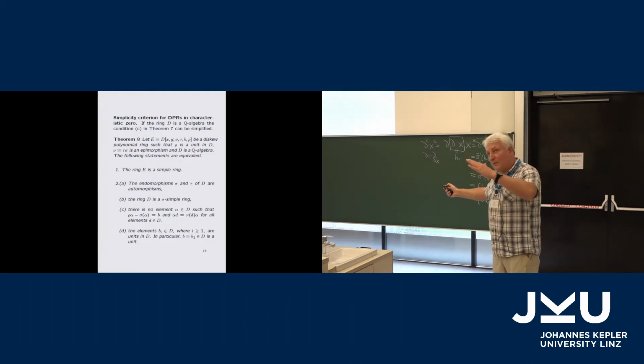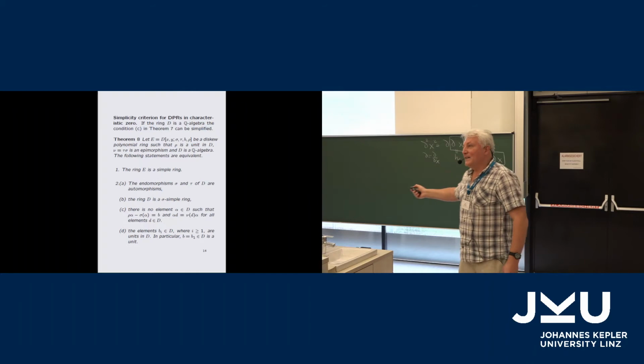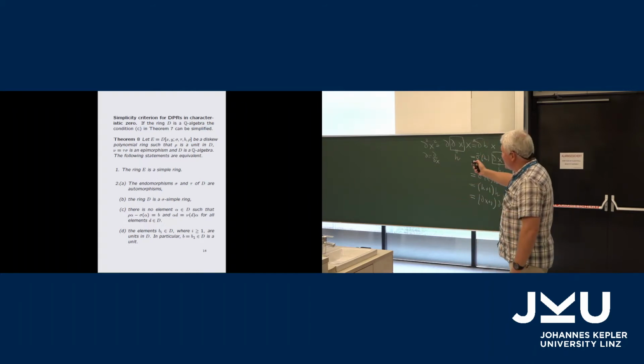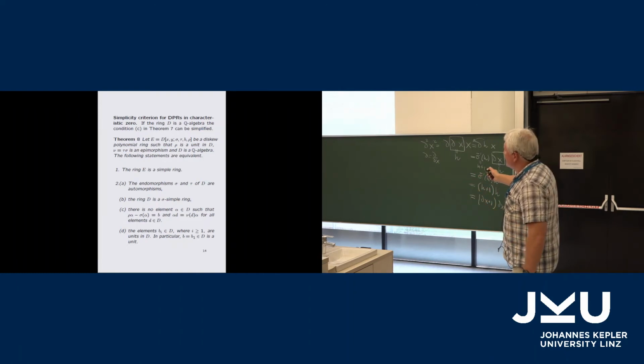So when we apply this theorem for Q algebras, this will be the last slide. It's simply a specialization for Q algebras. Of course, if you're interested in simple rings, they must be either Q algebras or algebras over a finite field FP. Okay, so the ring is simple if these are automorphisms and D is sigma simple.